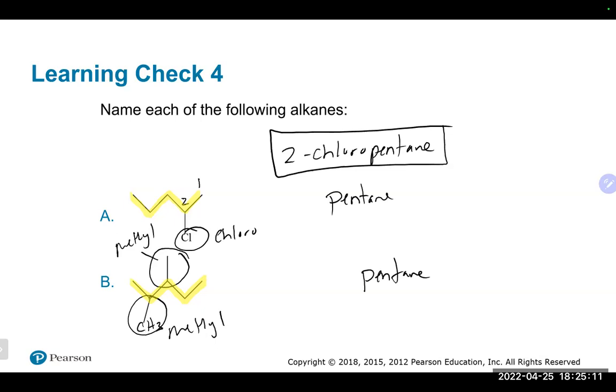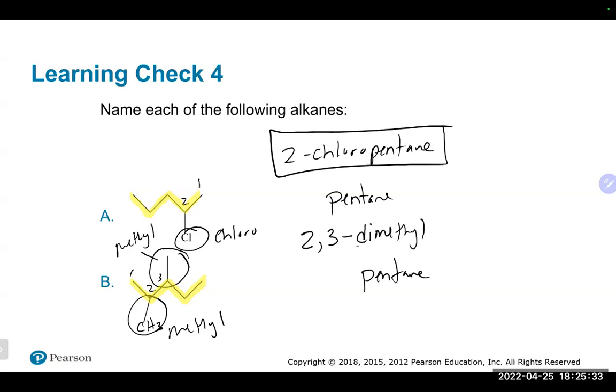Going left to right here, I think it's going to be a winner in terms of our numbering, 1, 2, and 3. Obviously, if we go the other way, we're looking at like 3 and 4. So this is going to be 2,3-dimethyl, because there's 2 methyl groups.